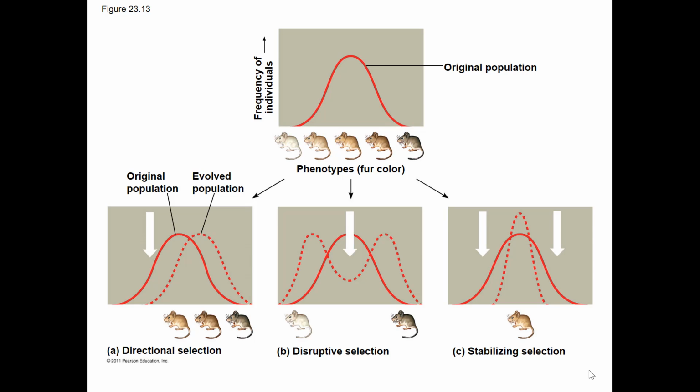The textbook example of this is sickle cell trait. Anyone know sickle cell anemia? Sickle cell anemia is caused by a mutation in one of the genes that codes for one of the proteins in hemoglobin. Hemoglobin is a complex protein that carries oxygen, right? We'll talk about hemoglobin, don't worry.